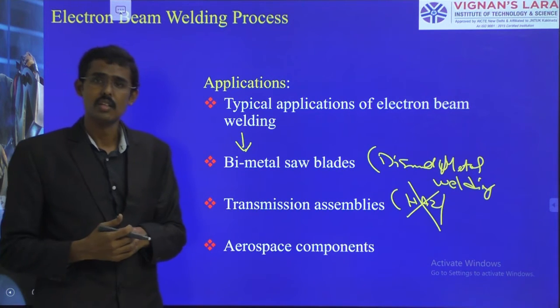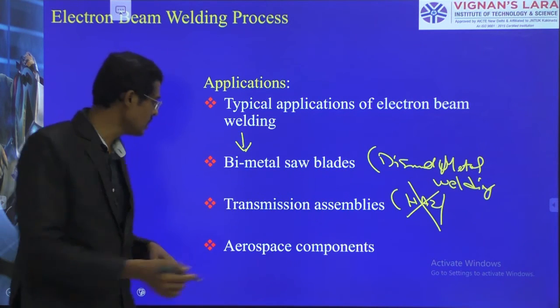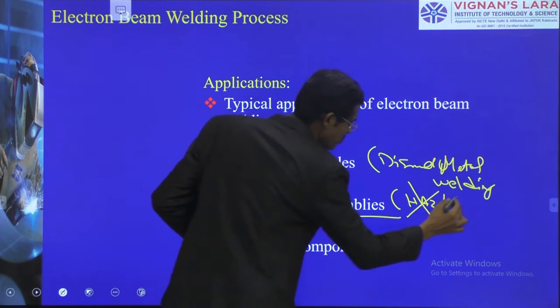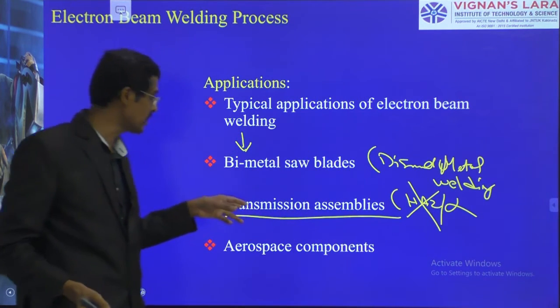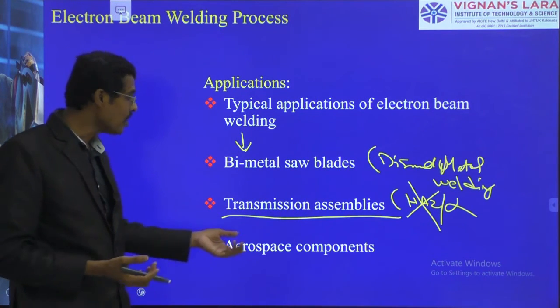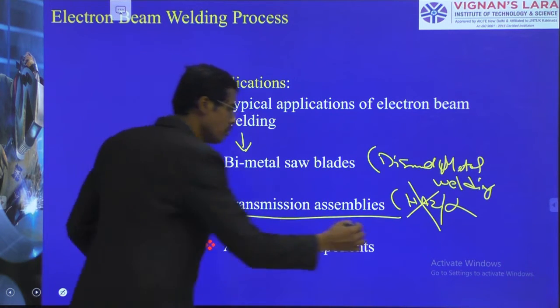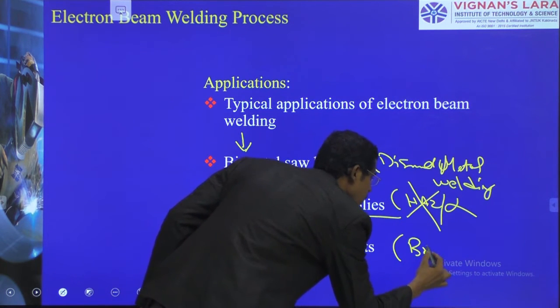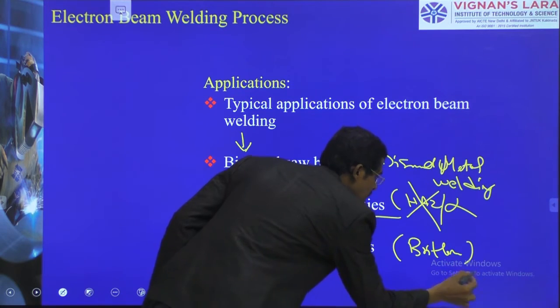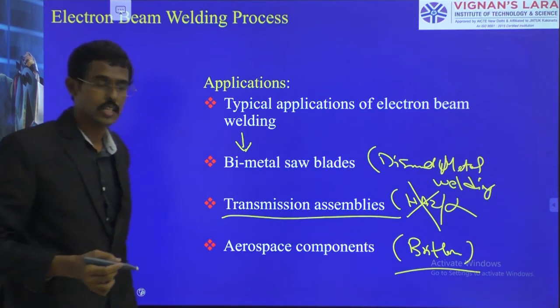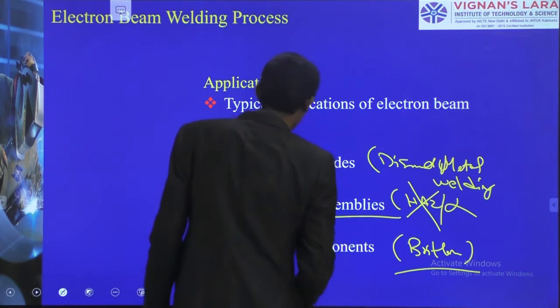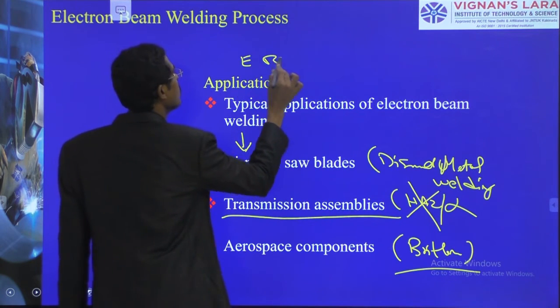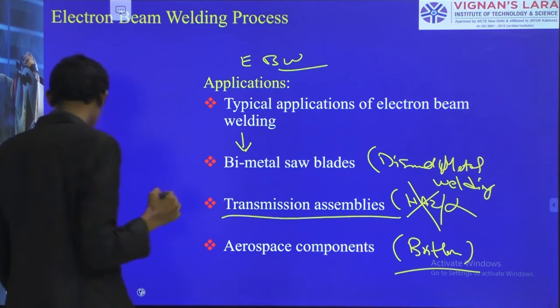Brittleness will be there. Therefore it should not form in this transmission assembly system, because that is an important part, sir. Aerospace components, here also brittleness should be avoided. Therefore in such cases we are using electron beam welding methods.